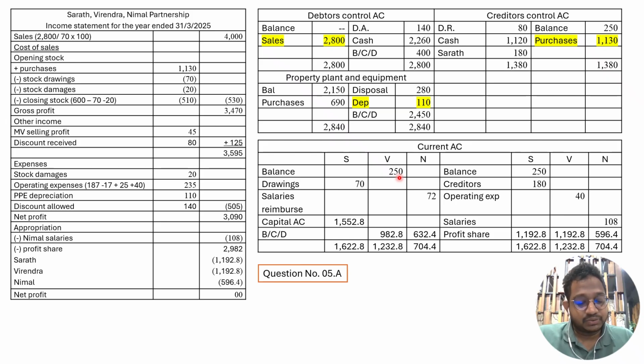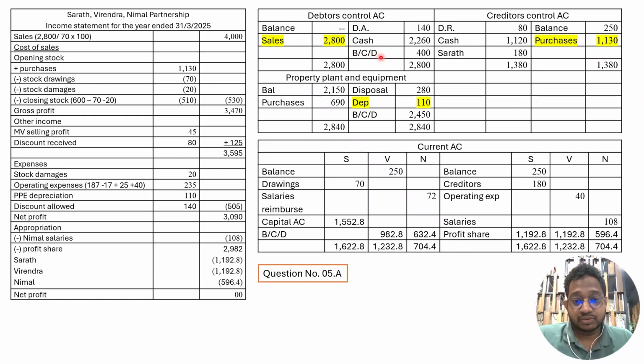During the year 2024-25, 70% of sales were on credit, and the remainder was cash sales. From the year's credit sales, 2,260 was collected. To find out the credit sales, you have to go to the debtors control account, and there is a debtors balance increase.